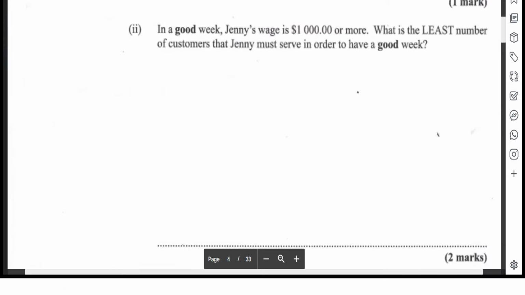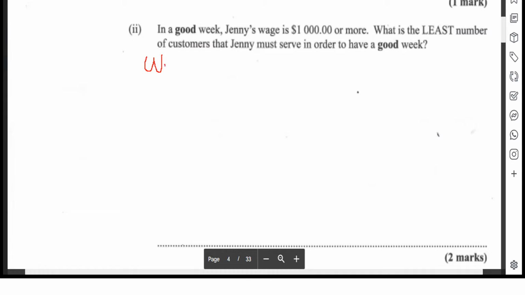Second part of the question reads, in a good week, Jenny's wage is $1,000 or more. What is the least number of customers that Jenny must serve in order to have a good week? First thing that we will do is to pull up the formula.